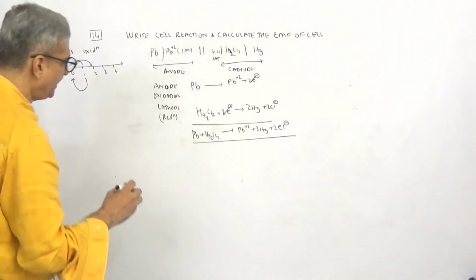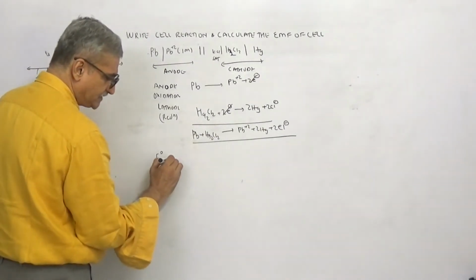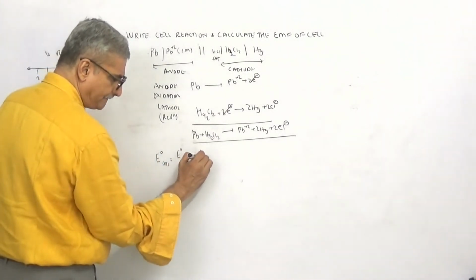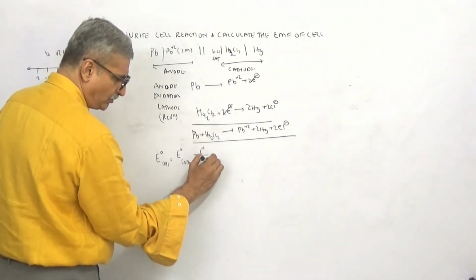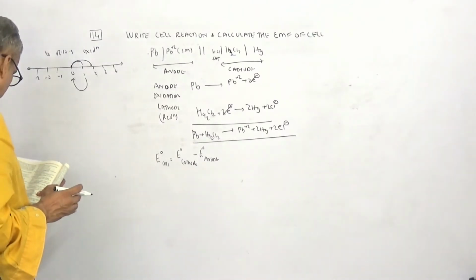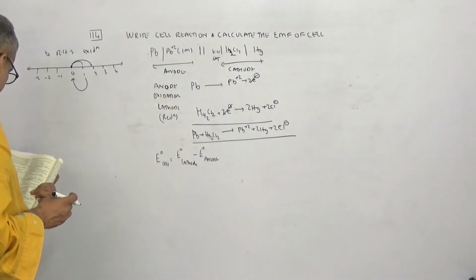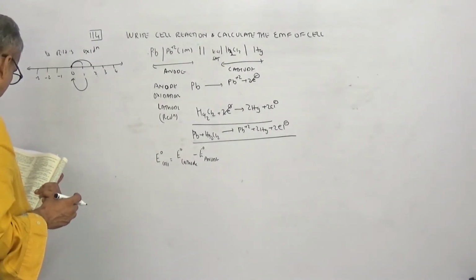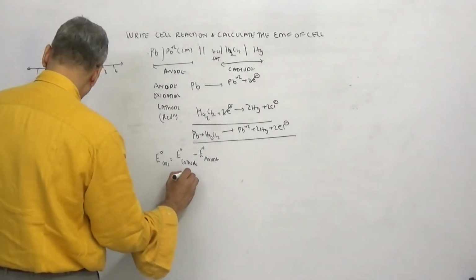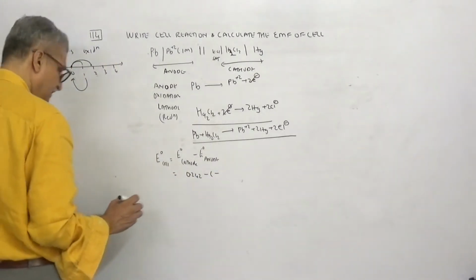The second thing that they have asked is, what is the EMF of the cell? So standard EMF of the cell is E0 of cathode, both reduction potential, minus E0 of anode. So let us see what they have given. E0 of cathode, they have given as 0.242 minus of minus 0.126.